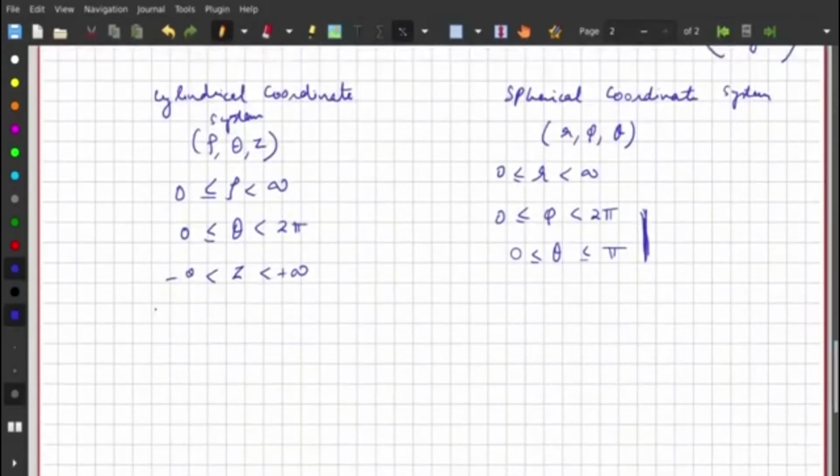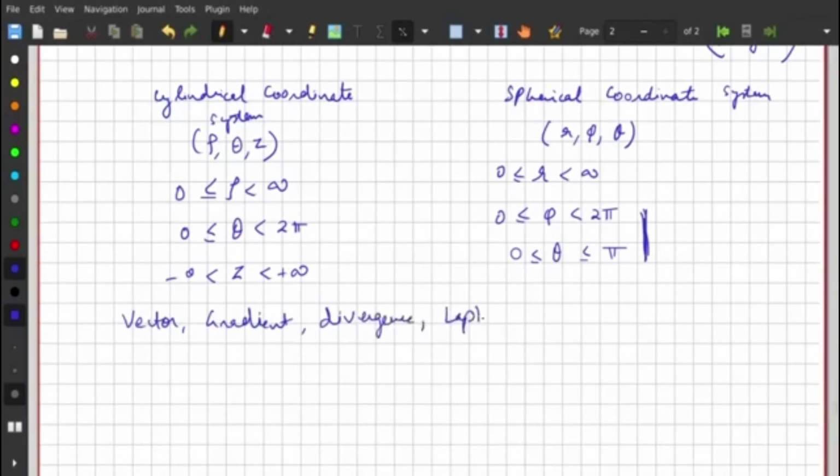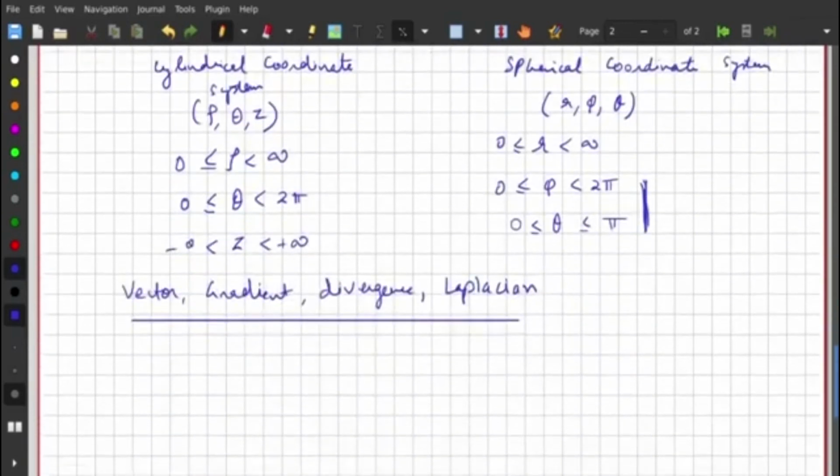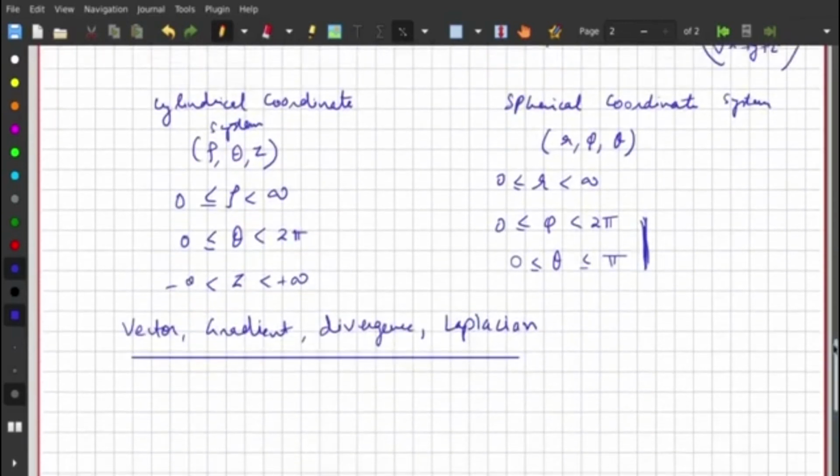That means we need to know how to write quantities like a vector, the gradient of a vector, divergence, the Laplacian. So that's the aim that we have in our mind. We have to represent all these quantities in different coordinate systems. Okay, so that's the goal.